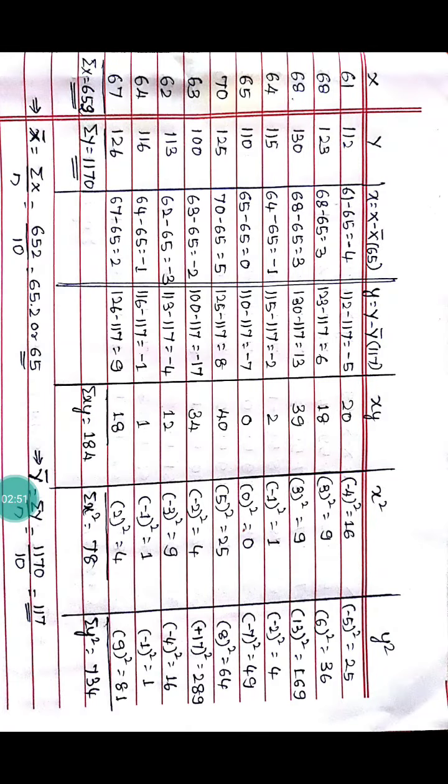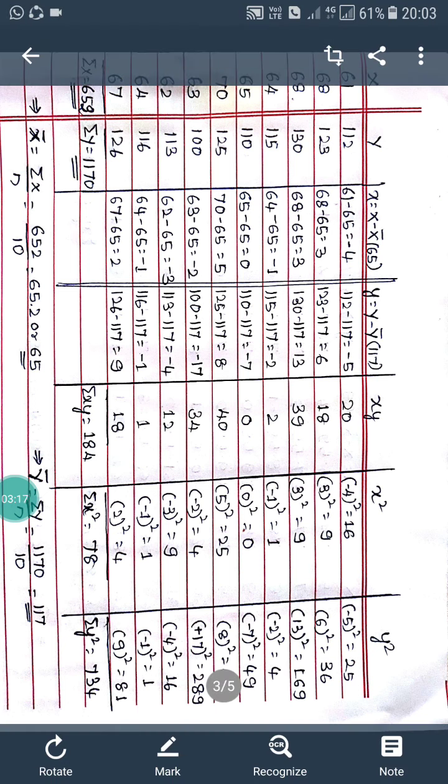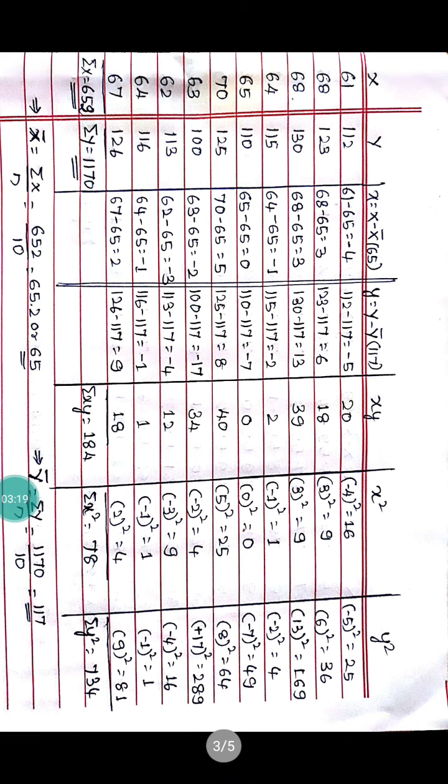Now first we should calculate the x bar value. The x bar formula is summation x divided by n. Summation x we have already found here. Now n means the total number of observations of x. Summation x is 652 and n is 10. So 652 divided by 10 equals 65.2, or you can take a round figure, that is 65. That is the x bar value.